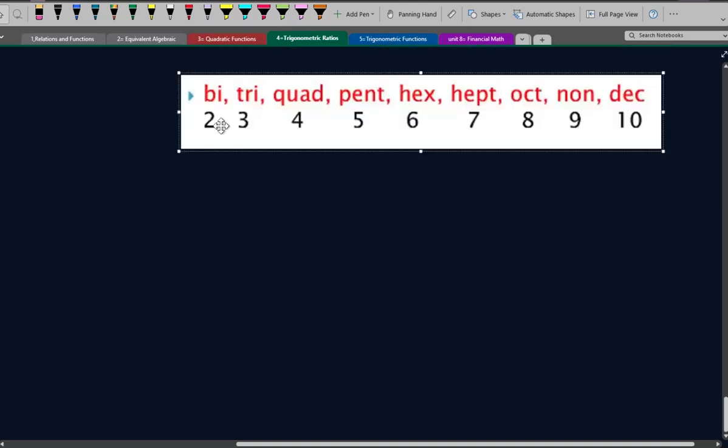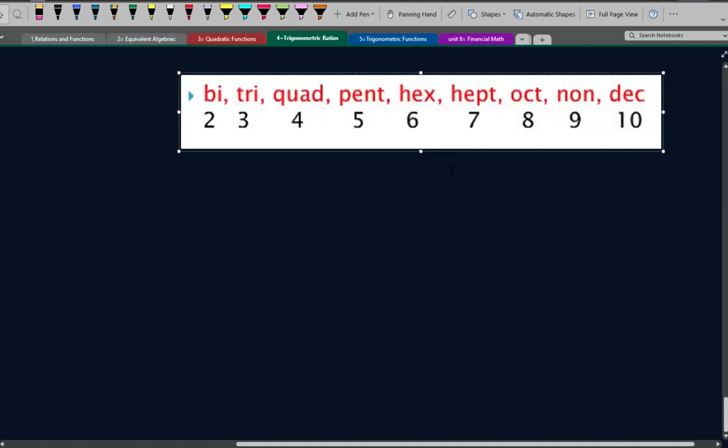What is tri? Do you want me to say the number? Yeah, only the numbers. If I say the number in English numbers, you would say the Greek one. If I say the Greek one, you would say the number in English.